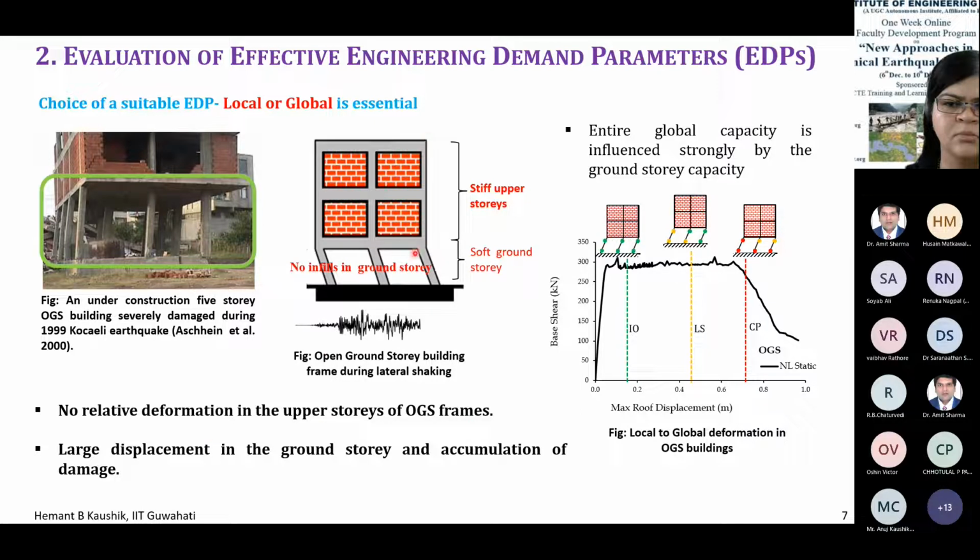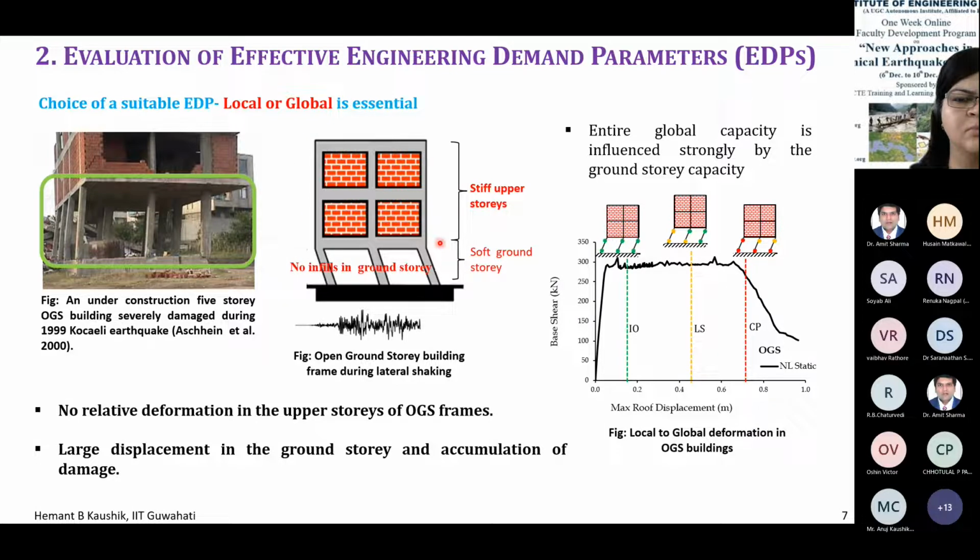All the relative deformation is accumulated in the ground floor only, because it is so soft. So that means the entire capacity of these frames is controlled by this one floor only, the ground floor only. It is not dependent on the upper floors except for the mass, right?